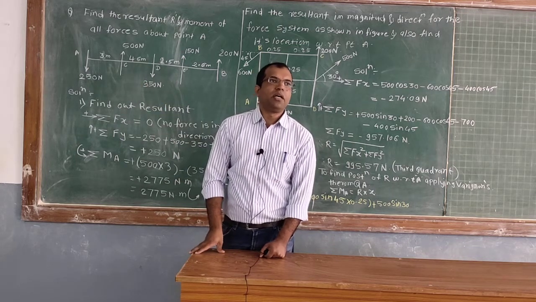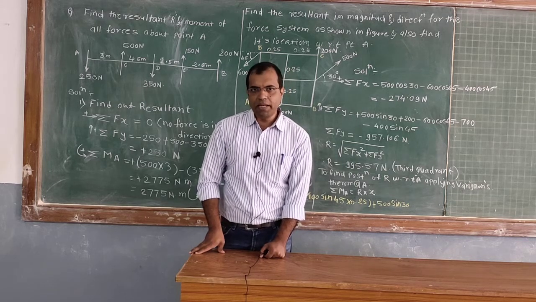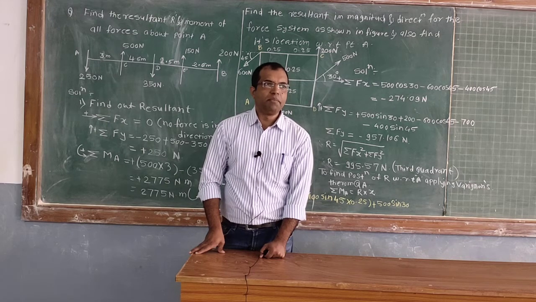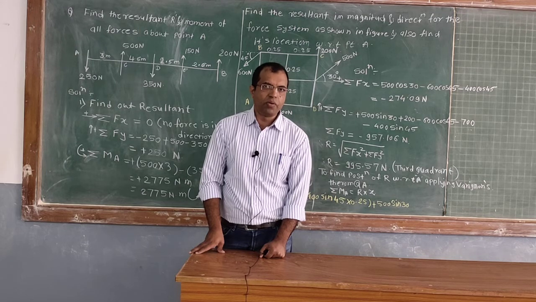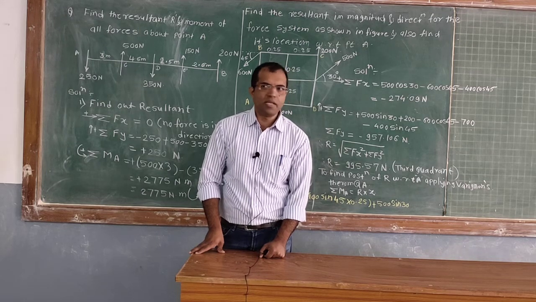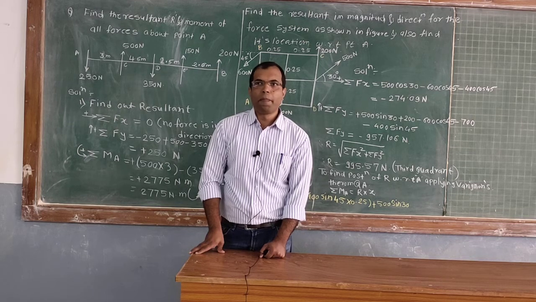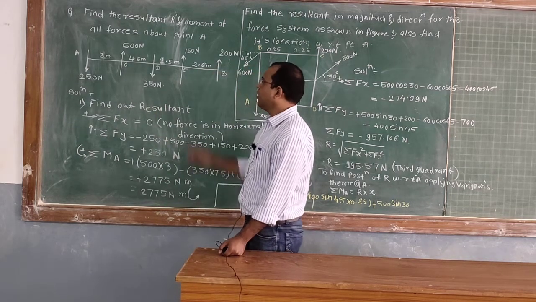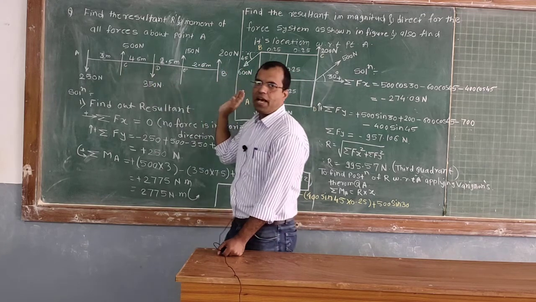We know that in order to find the resultant, we must know the summation of Fx and the summation of Fy. That is the summation of all the forces in the x direction, and the summation of all the forces in the y direction. If you observe this figure, there is no force in the x direction.